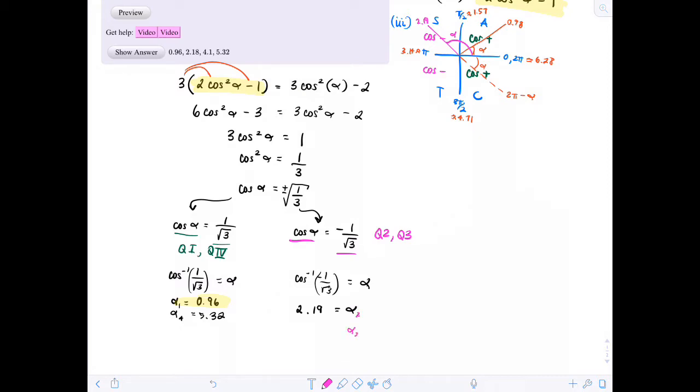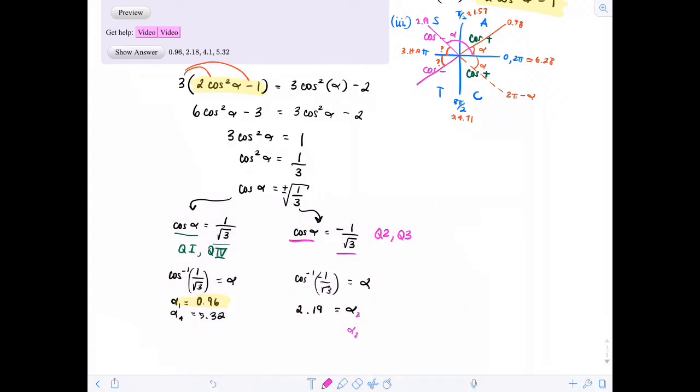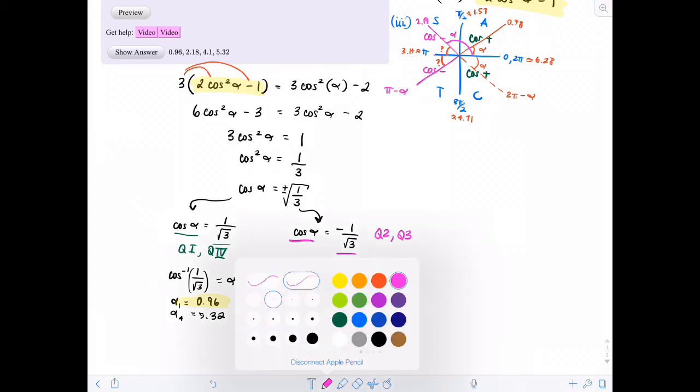So to find alpha sub 3, using symmetry, we're going to have this reference angle here. So really what we're going to do is a little work here. We could take pi and find the first reference angle. So pi minus alpha would give us the question mark.